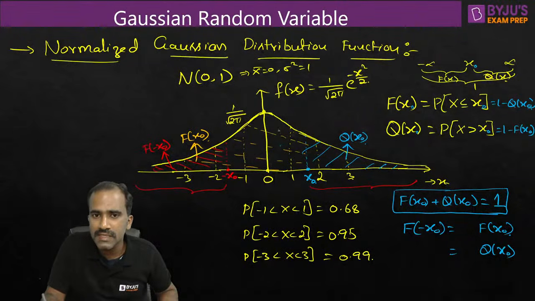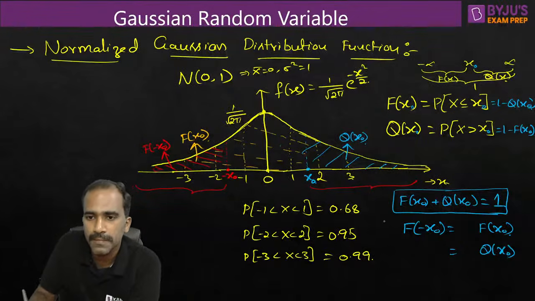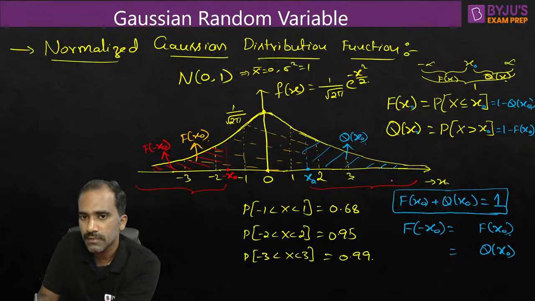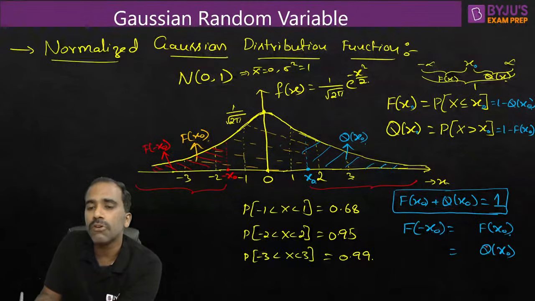Since it is a symmetric curve, this area which represents Q of x naught and this area which represents F of minus x naught, both are the same or not? So F of minus x naught is exactly the same as Q of x naught. Value wise, they are the same.